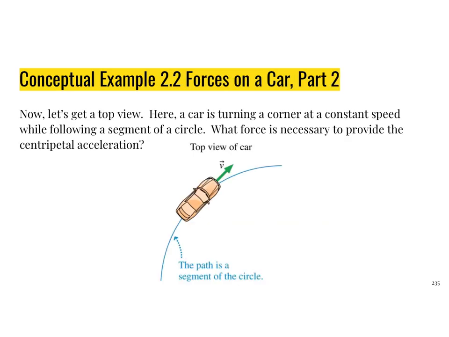Now there's another example. What about if we're going around a turn, and let's get a top view of going around a turn. It's turning a corner at a constant speed while following a segment of a circle. What force is necessary to provide that centripetal acceleration? So the centripetal acceleration has to be in towards the center of the circle. And my question is, what force is providing that?